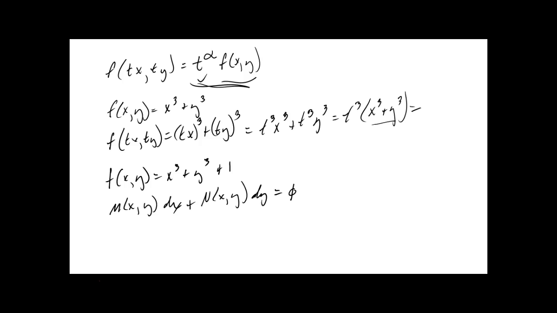Now, in addition, if M and N are both homogeneous, in fact meet that criteria up there, then we can also write, and this is a clever little substitution, so we're assuming M of xy and N of xy both are homogeneous. Follow that pattern.